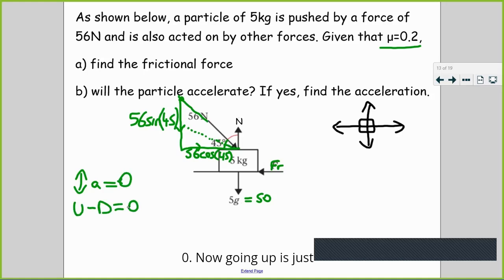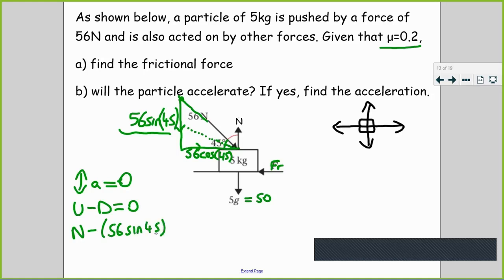Now, going up is just N. Going down, you have two forces. One is your 56 sin 45, and you also have going down the 50 weight force. Using this, we can calculate our N.